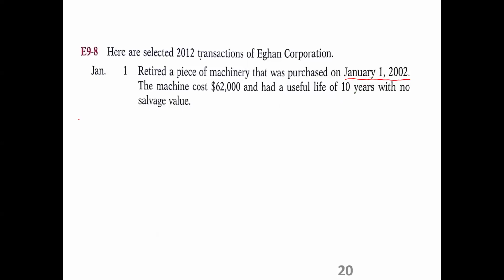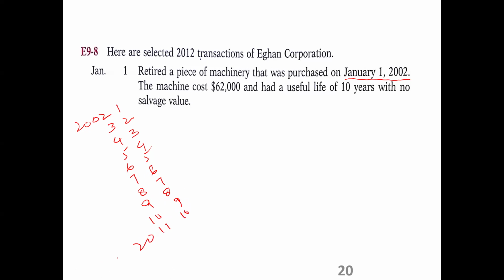So if we see, 2002 would be the first year, 2003 would be the second year, 2004 would be the third year, 2005 would be the fourth year, 2006 would be the fifth year, 2007 would be the sixth year, 2008 would be the seventh year, 2009 would be the eighth year, 2010 would be the ninth year, and 2011 would be the 10th year.